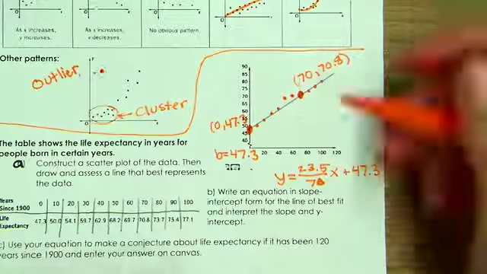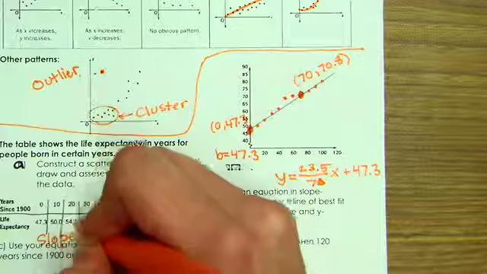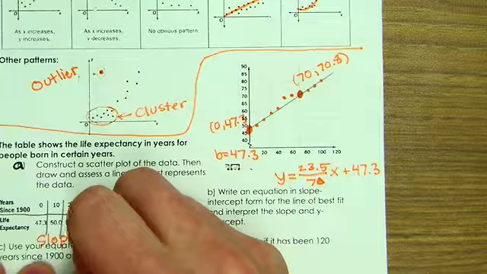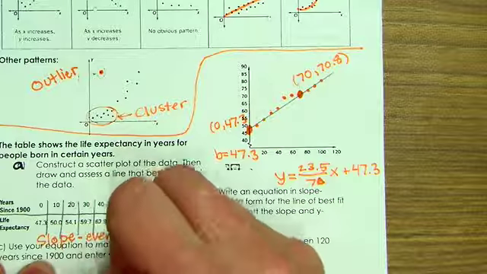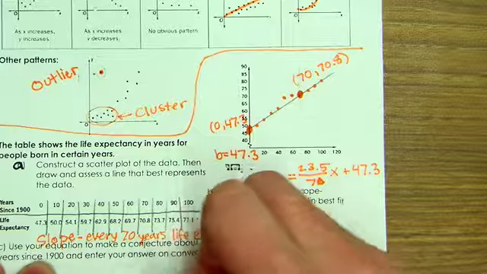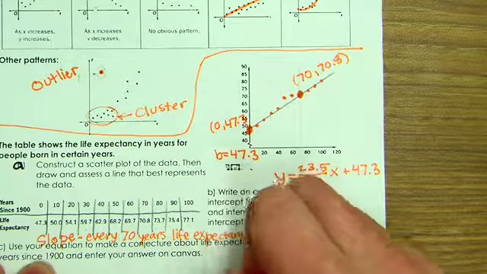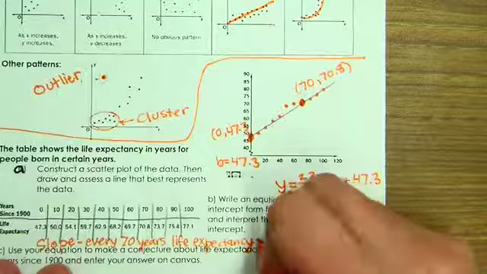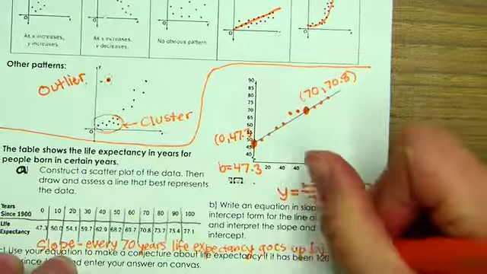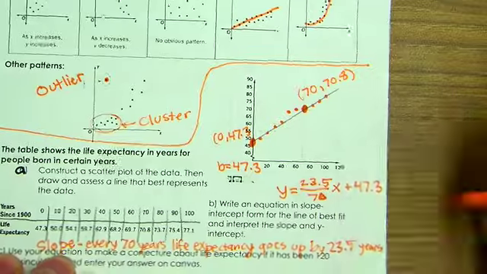Great. And then we can interpret the slope: every 70 years, life expectancy goes up by 23.5 years, okay?